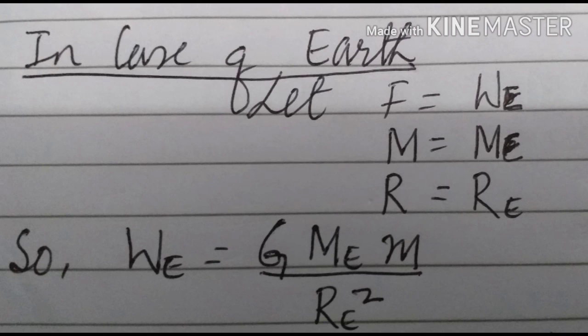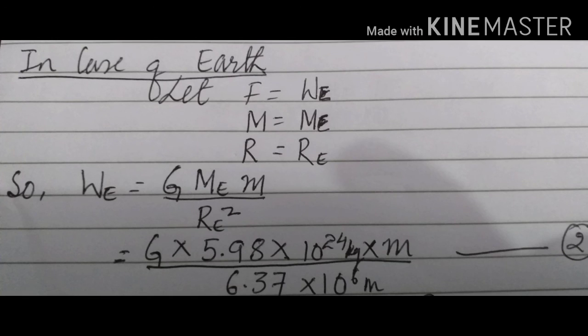Here also we have to put the values. G is constant, keep it as it is. The mass of the earth is given in the table: 5.98 into 10 to the power 24 kg, into small m, the mass of the object, keep it as it is, divided by the radius of the earth, 6.37 into 10 to the power 6 meter. Let this be equation number 2.